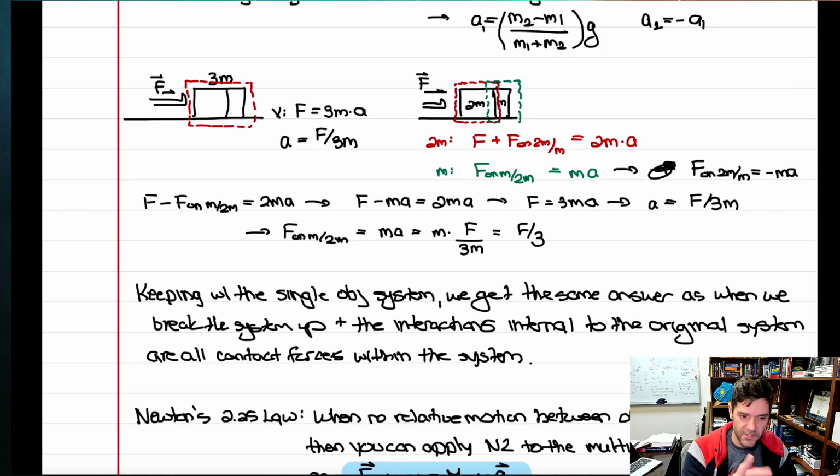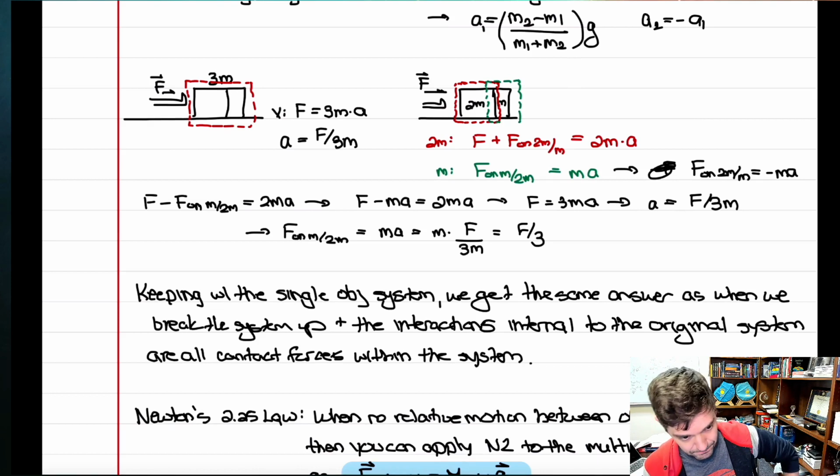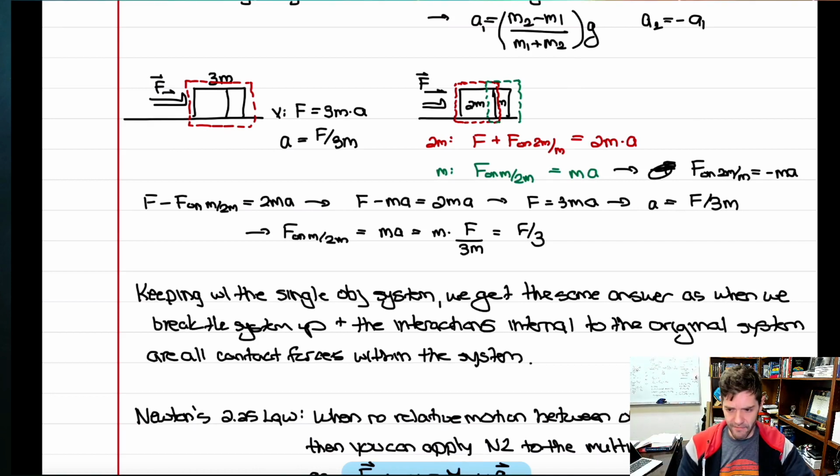And since there's no relative motion going on between them as these things move around, I can just treat them as one solid object and only consider the forces acting on the system from outside, in this case, the force from the hand. And of course, the force from the table, if we wanted to look at vertical motion, and then gravity too. For gravity, again, you can use the total mass of the system multiplied by g, if you're doing this near the surface of the Earth. M total times g would then be the total gravitational force acting on the system.